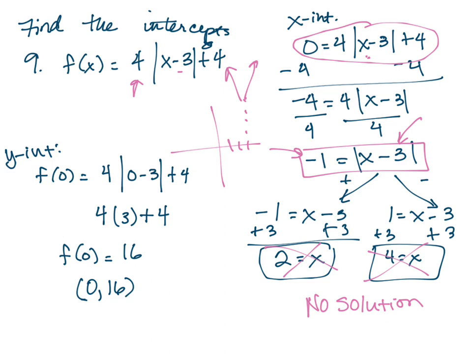If it's reflected, does that mean it doesn't touch the x-axis? No. If it's reflected and moving up, it'll touch twice. Only if it's reflected and shifted down would it not touch the x-axis. Mathematically, when that happens, it looks like a negative number equal to an absolute value. That's when you get no solution.